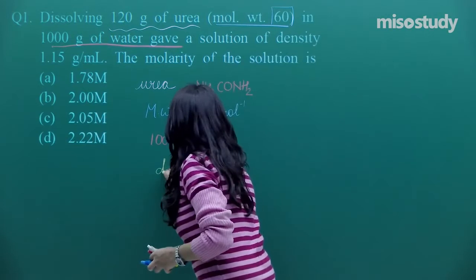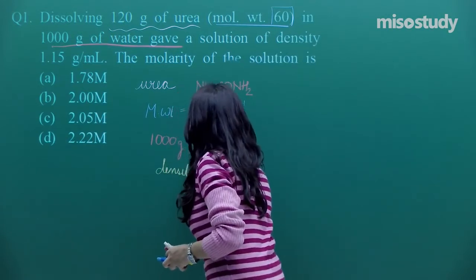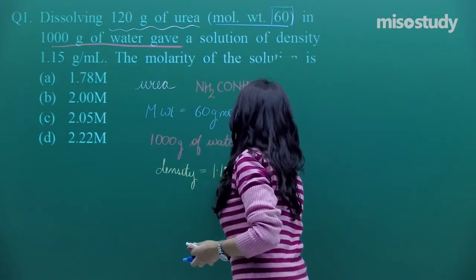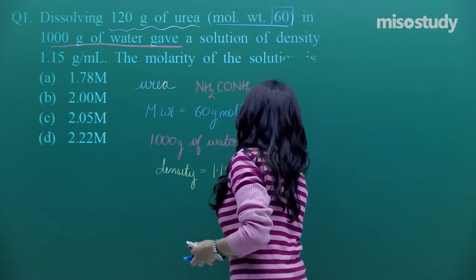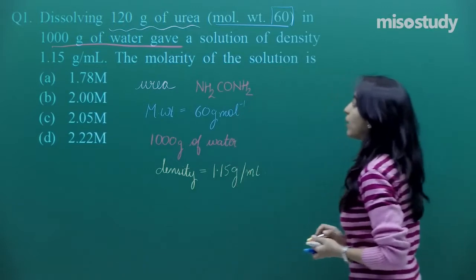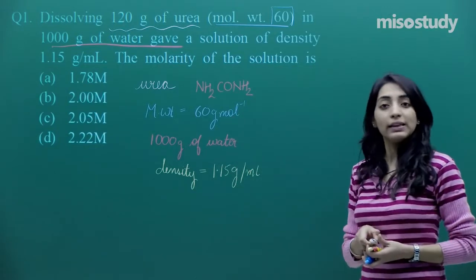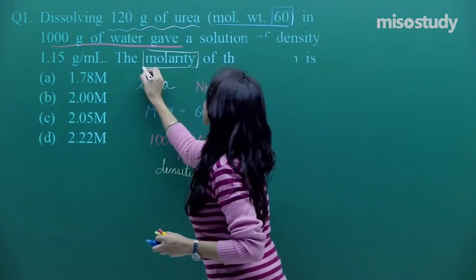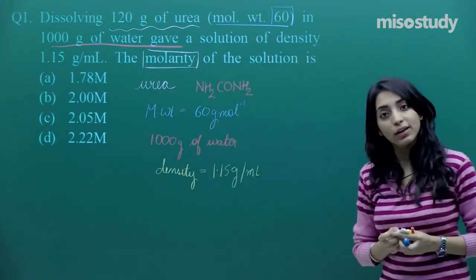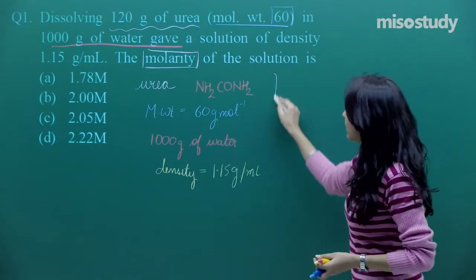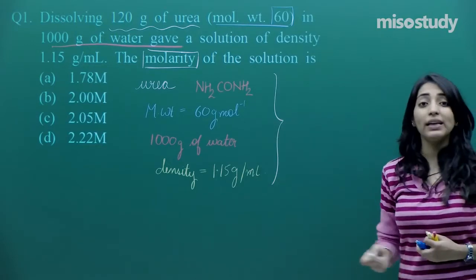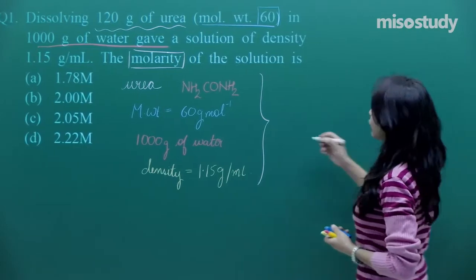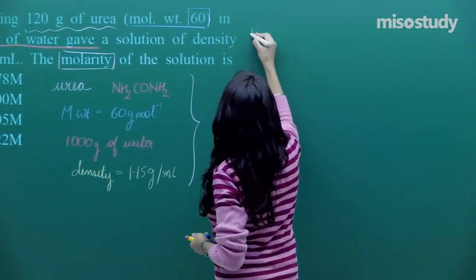The density of the solution is given as 1.15 grams per ml, and I simply need to calculate the molarity of the solution. So using all these 4 data points, let us start with the calculation of the molarity of the solution.